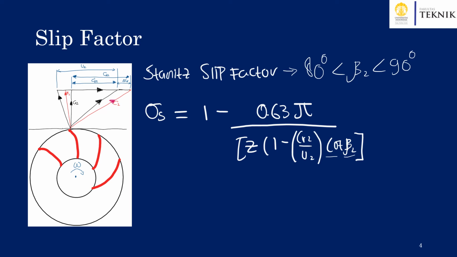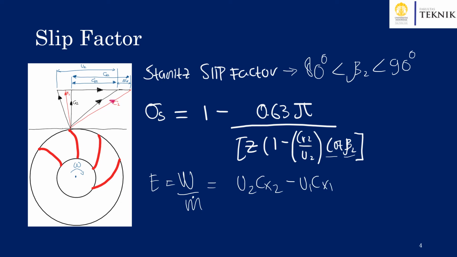As a consequence of the slip factor, the Euler equation for the centrifugal pump that we know is E equals W divided by m, the work divided by the mass flow rate, which we knew before as U2 multiplied by Cx2 minus U1 multiplied by Cx1.